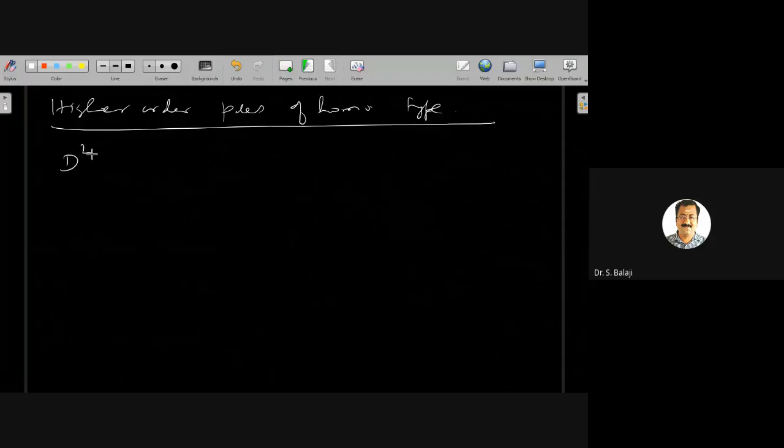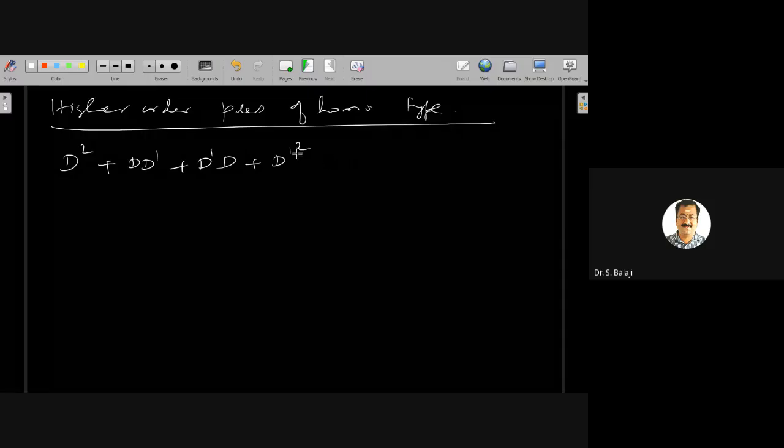Suppose we start from D squared, that is order 2; similarly D D', that's 1 plus 1, 2; and ending with D' squared. If you miss one term, that is not suitable. All terms of order 2 is suitable, or you can miss some terms and still keep the same order.